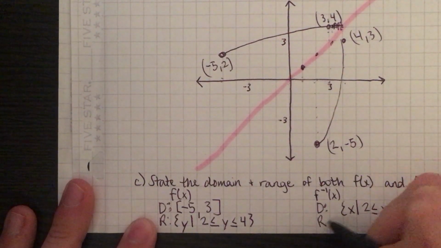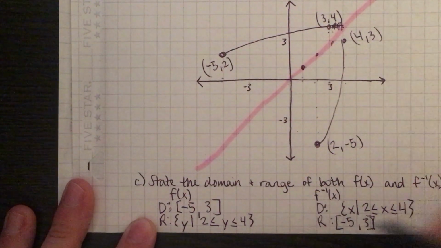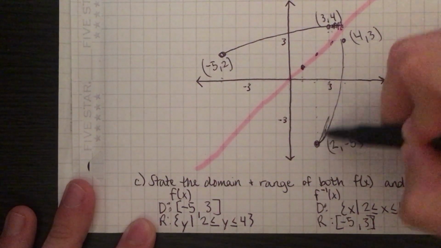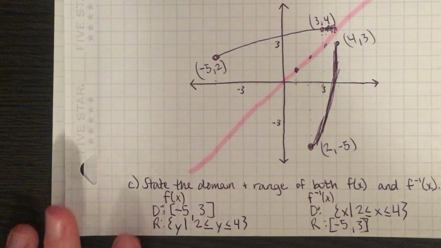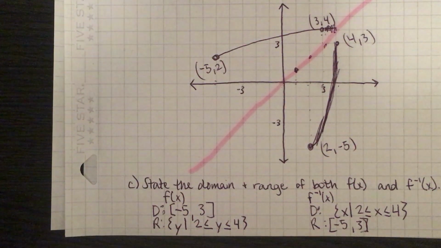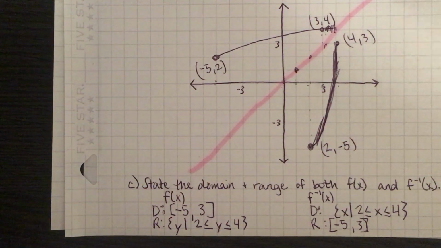And then the range is going to be -5 to 3, and those need to be brackets, excuse me, for that problem right there. So in a nutshell, to find a graphic inverse, all that you're going to do is switch the coordinates on x and y, and you should be good to go.